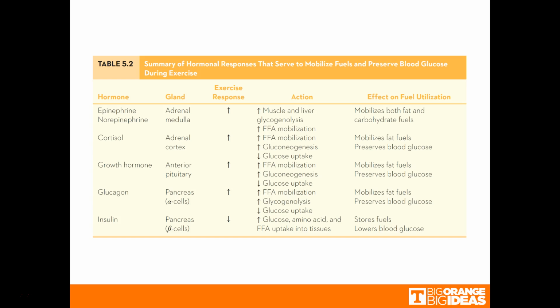So make sure you understand how each of these hormones act, so where they're coming from, what impacts their release, as well as how they help in terms of fuel utilization, substrate utilization, and this should all sort of make sense based on what I talked about in the last set of lectures with the exercise metabolism.